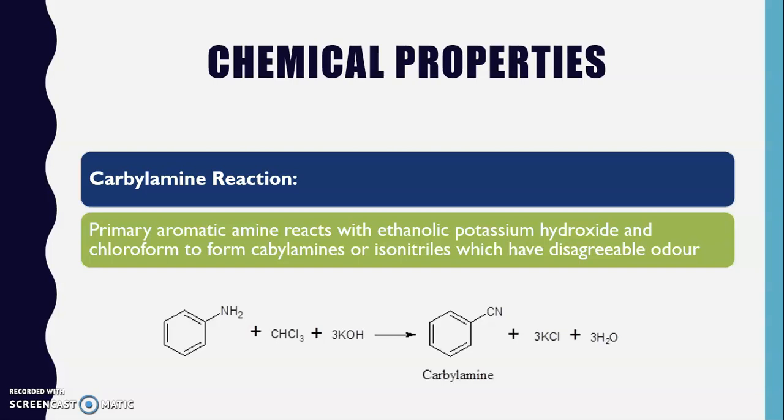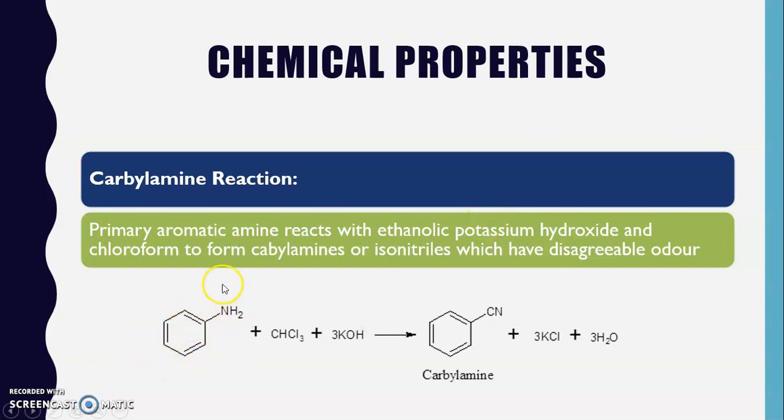Secondary and tertiary aromatic amines do not form the carbylamines. So this particular reaction is also used as a differentiation tool for the primary aromatic amines, secondary aromatic amines as well as the tertiary aromatic amines. Now what is this carbylamine?